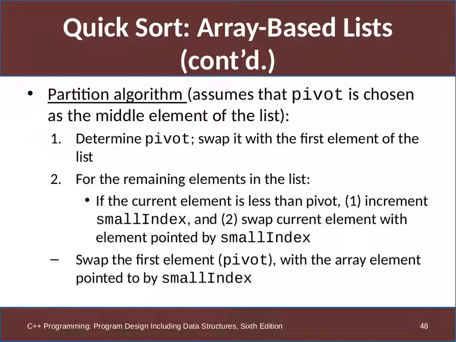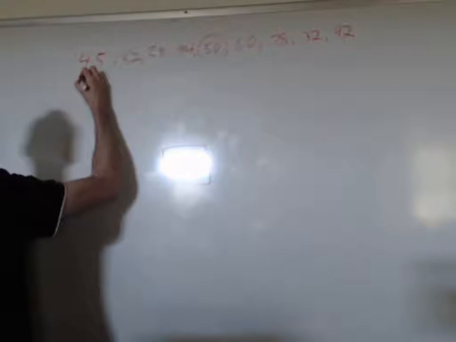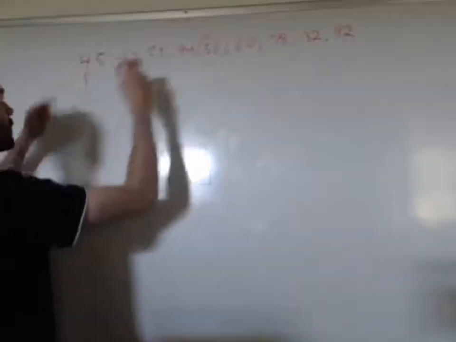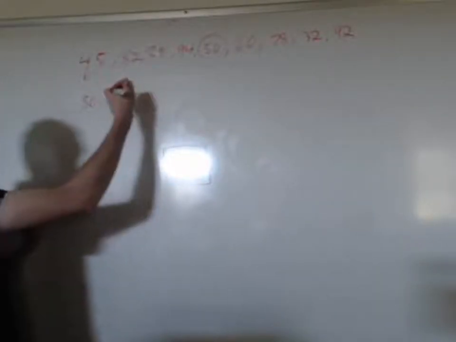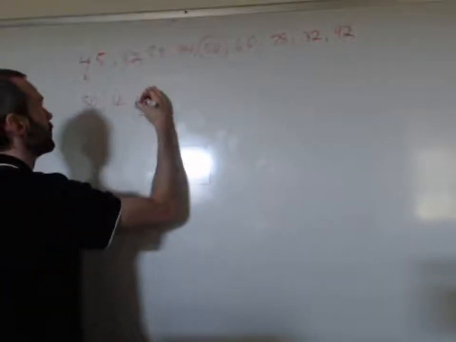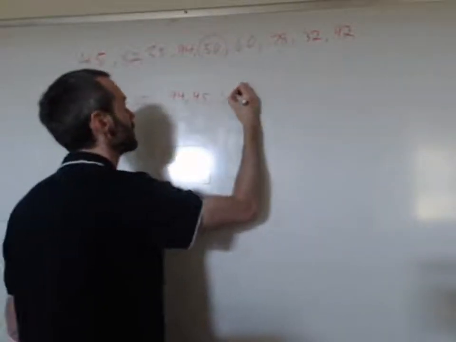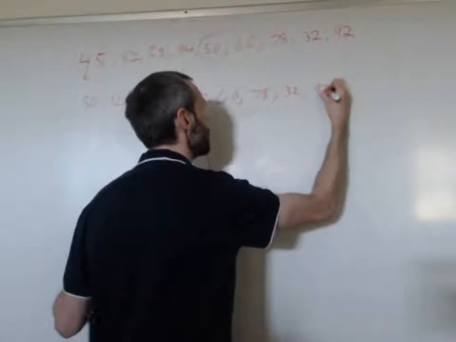First, you determine the pivot, and then you swap it with the first element of the list. So this is the step in between each step. You need to first swap it with what's in the beginning. So you have 50, 82, 25, 94, 45, 60, 78, 32, and 92.